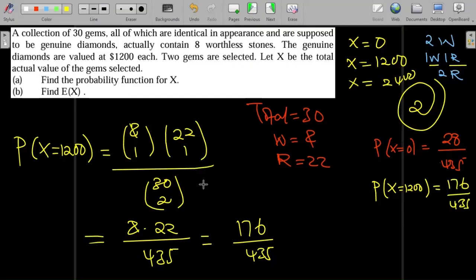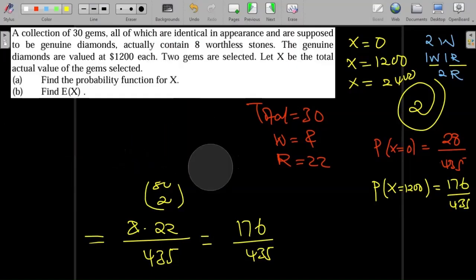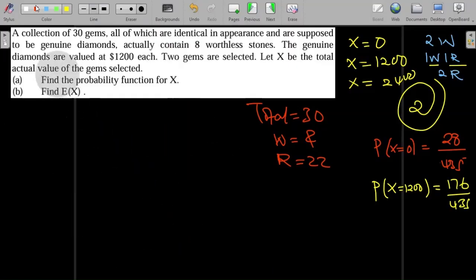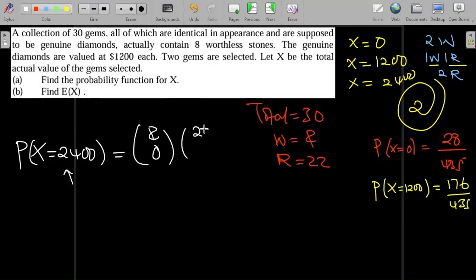All right, let's calculate the probability that x is equal to 2400. When the value of x is 2400, we are selecting 2 real ones. So from the worthless ones, we select 0, then from the 22, we select 2, divided by 30, we select 2.